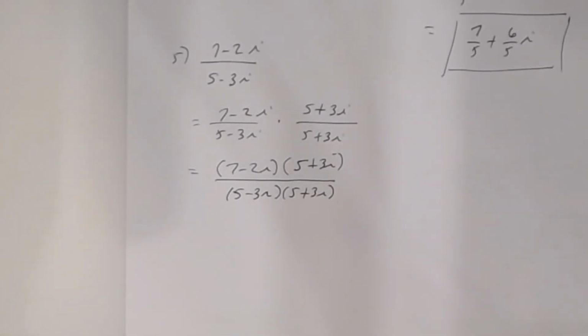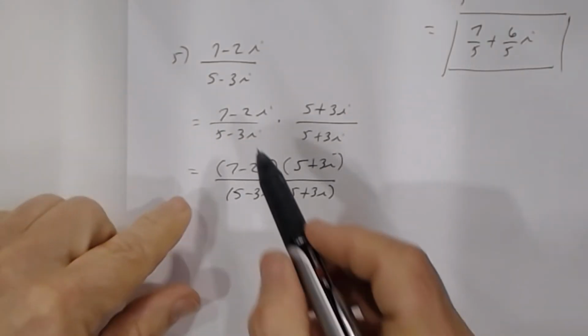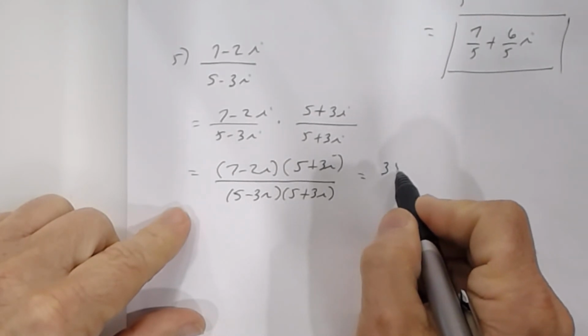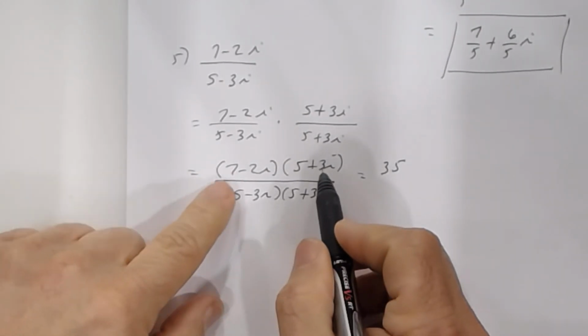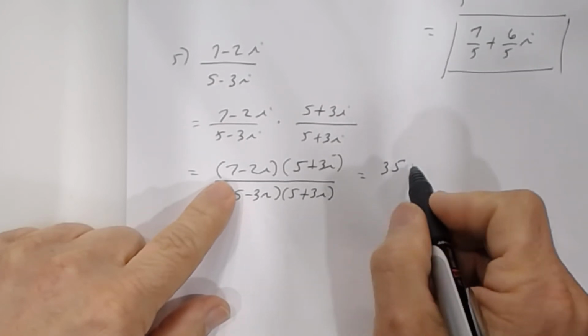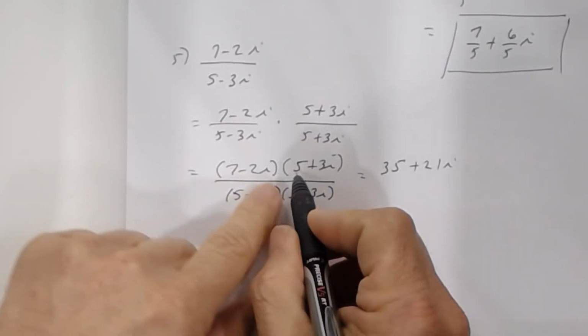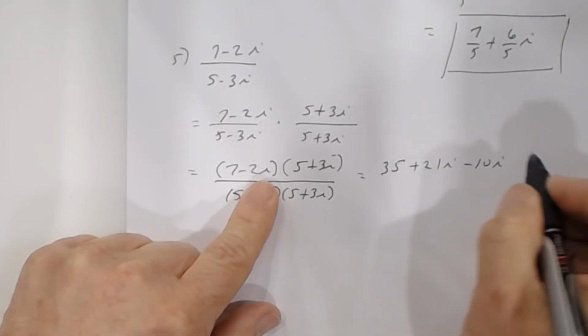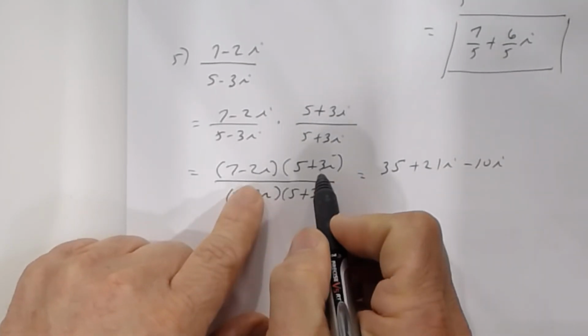Okay. Now what's the next step? You're going to FOIL. So what's the first? 35. What's the outer? 21i. What's the inner? Negative 10i, right? Now what's the last? What's negative 2i times a positive 3i?